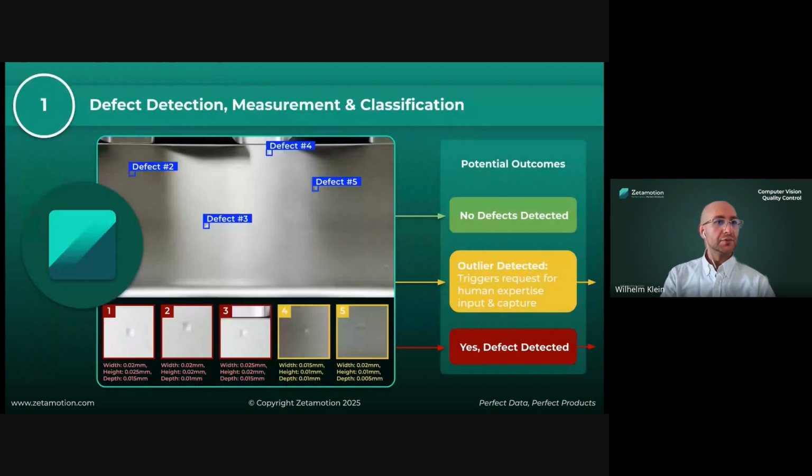And if we do come across something that is completely unknown, that is such an anomaly that it does not look in its phenomenology in any way like anything that you have ever shown us, the system can flag that and ask for an operator to check, okay, what is that?